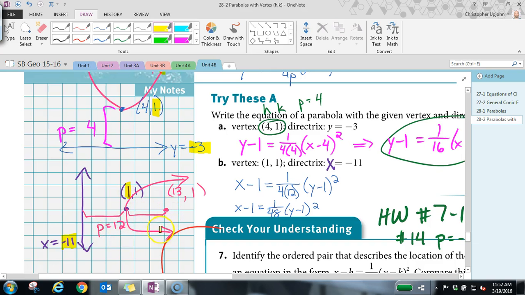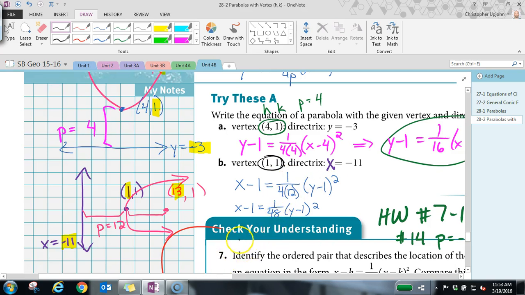I could go 12 more and get 13, 1 for my focus. But I don't need all that. I just need my p-value, which is positive because I'm opening to the right. And I plug in: x minus 1 equals 1 over 4 times 12 times y minus 1 squared. And then I simplify 1 over 4 times 12, which is 1 over 48.